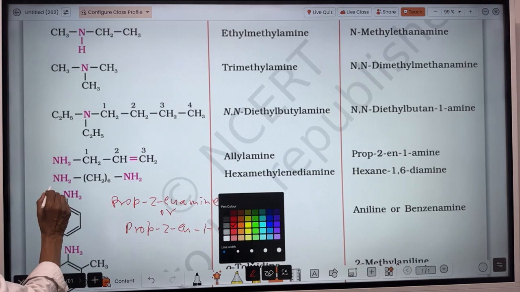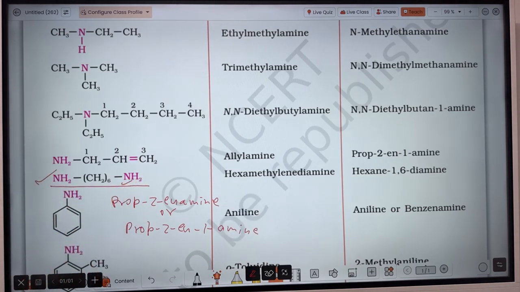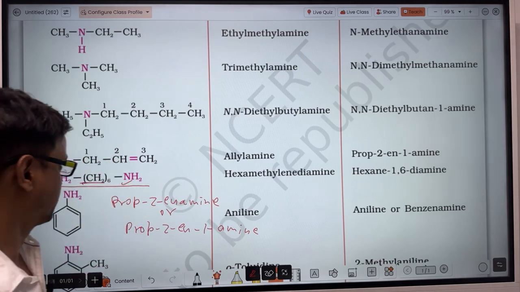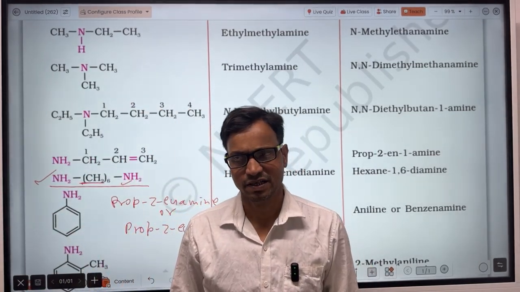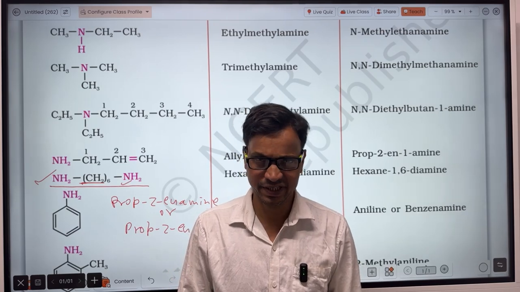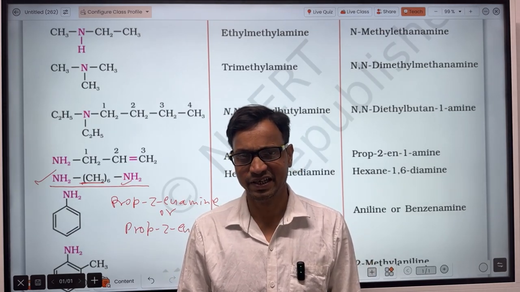Now let's see this compound. What is happening here? This side NH2 and this side NH2. So the main chain is of 6 carbon atoms, and the nitrogen is bonded to the terminal ends. So obviously one amino group will be bonded to the first carbon, and the other amino group is bonded to the 6th carbon atom.